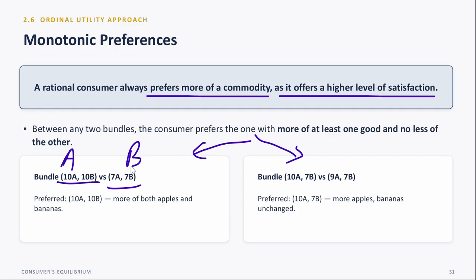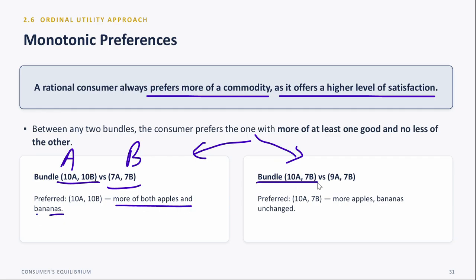So which one is a rational consumer going to prefer? It is going to be 10 apples and 10 bananas because it is going to give the consumer more satisfaction as compared to the B combination, right? Because it has more of both apples and bananas.